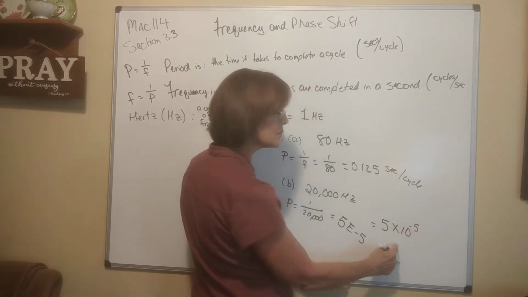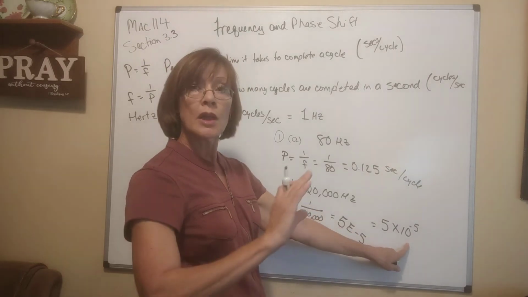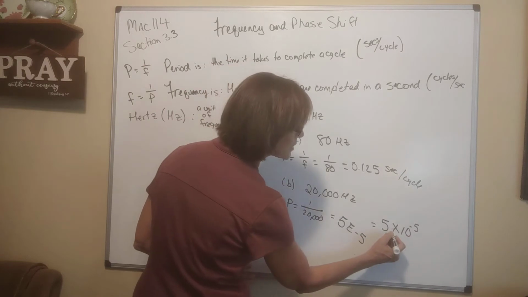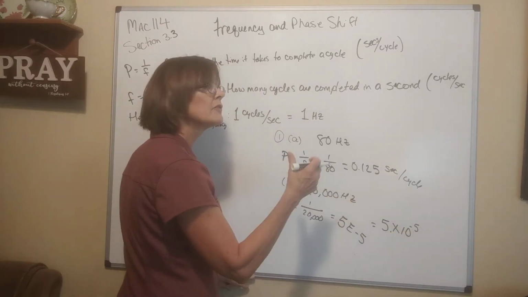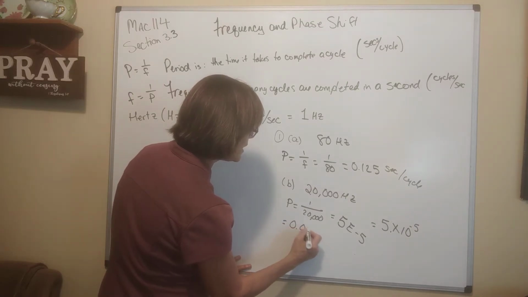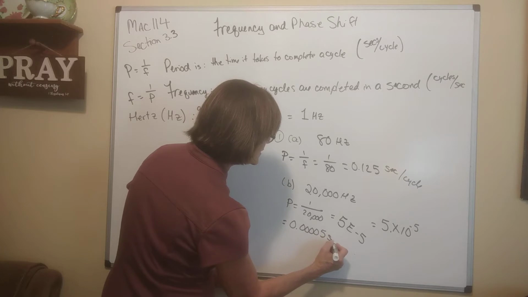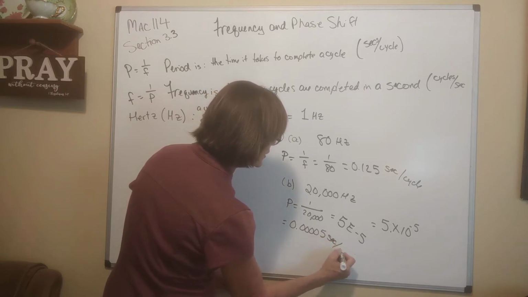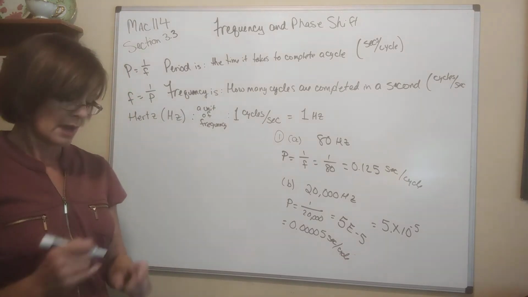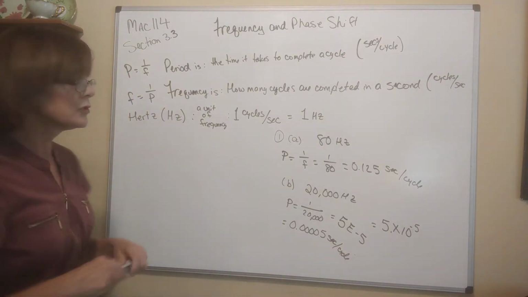If you put this back in standard form, you shift the decimal to the left 5 places. So this equals 0.00005 seconds per cycle, and that's how long it takes to complete one cycle at that frequency. All right, that's how you would do number 1.